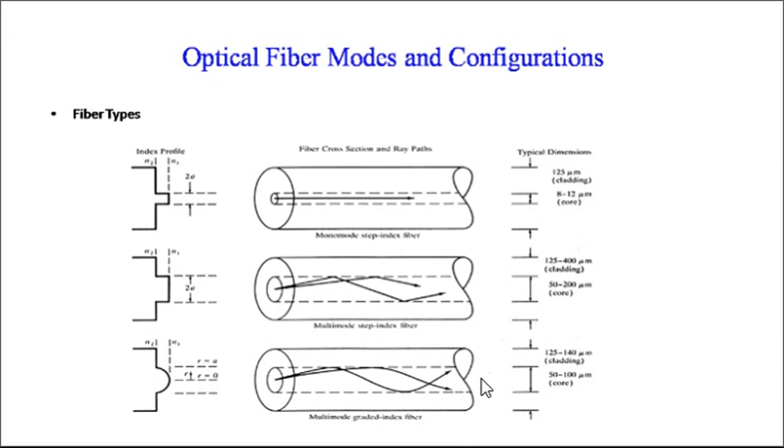Second, the light can be launched into multi-mode fiber using a light emitting diode as a source. Diameter is large, so we can use the light emitting diode. Whereas single mode fiber generally uses a laser diode.